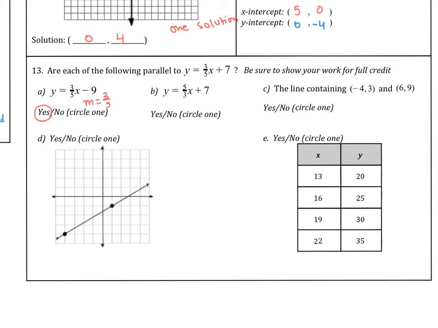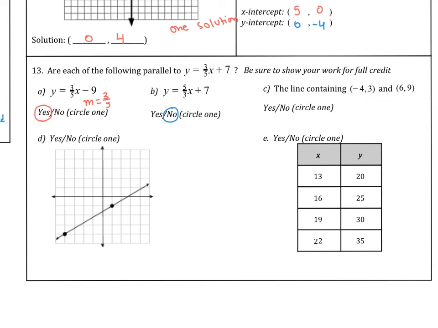For letter B here, the slope of this line is 5 over 3, which is not the same as 3 over 5. So this is going to be no, this is not going to be parallel to the given line. For letter C, in this case, we have to find the slope first.